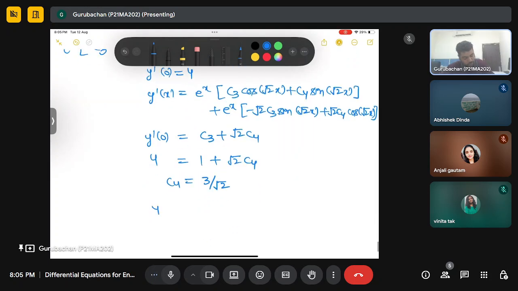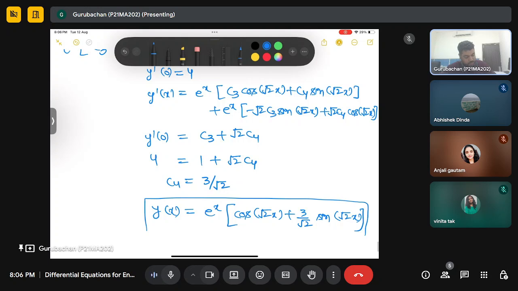Hence your final, particular solution will be e to the power x times cos under root 2x plus 3 by under root 2 sine under root 2x. This will be the particular solution.